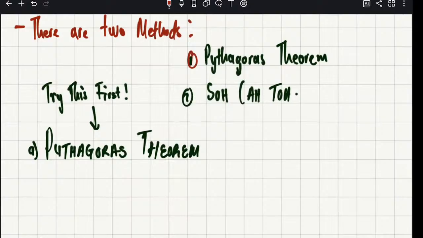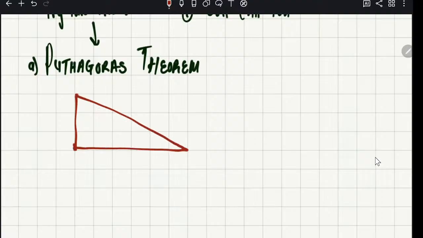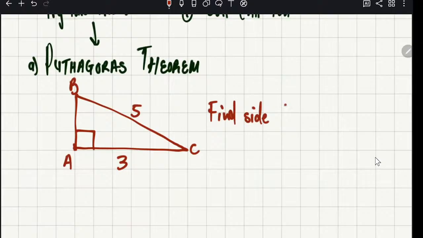What you must know is, let's do one. You get a triangle with a right angle. Listen to what you do closely. The sides are 3 and 5, and this triangle is called ABC. Then they say, find side AB. This is case number one.